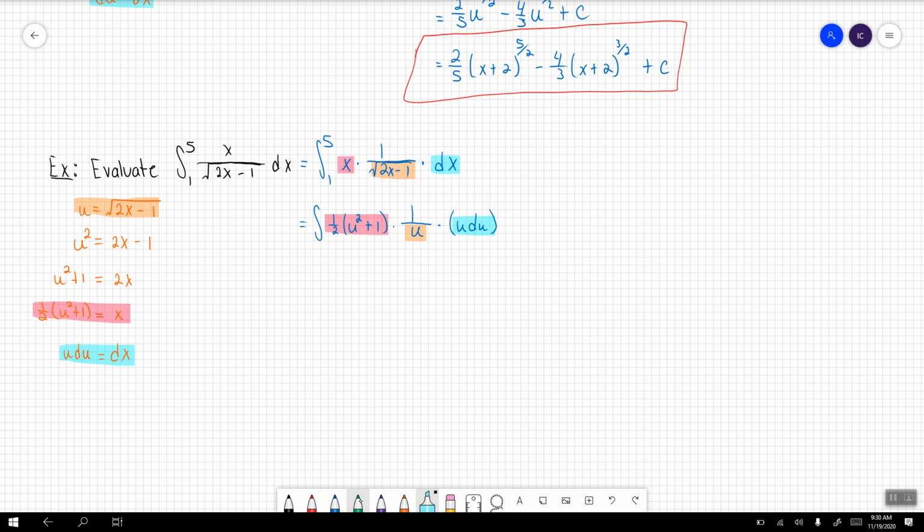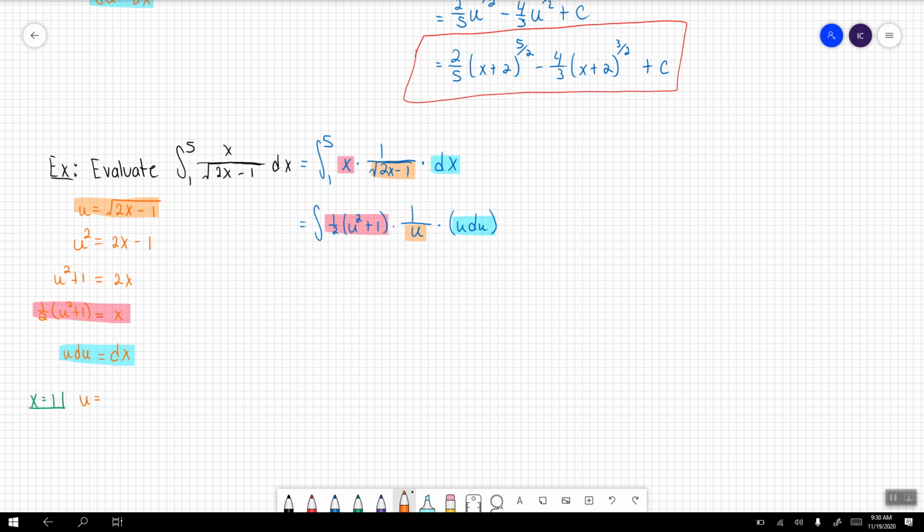Now there is something missing here, my lower bound and my upper bound. So my lower bound says that x is equal to 1, and if x is equal to 1, then I need to find out what my u variable is, because my new integral is in terms of u.